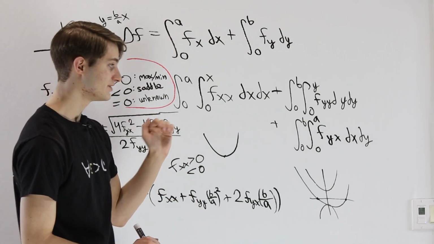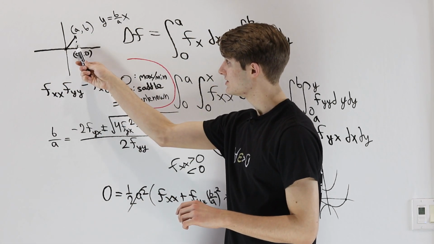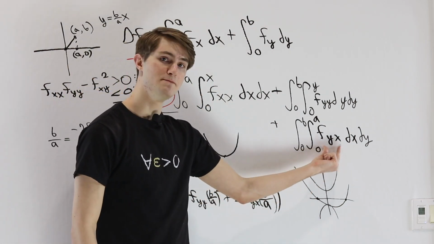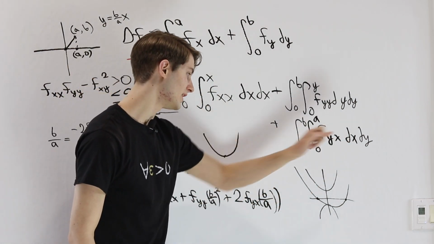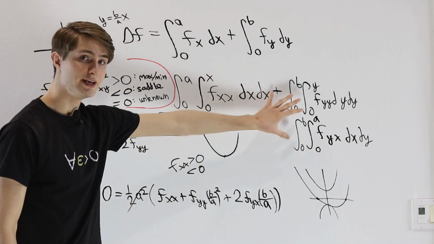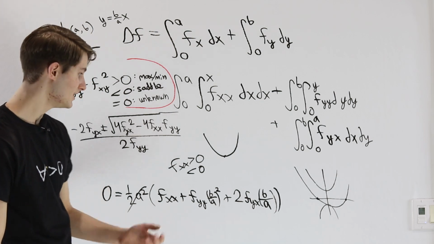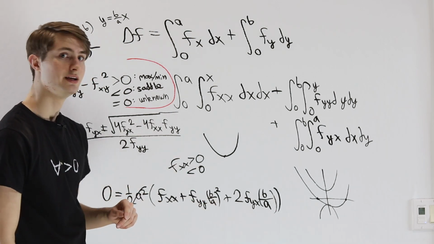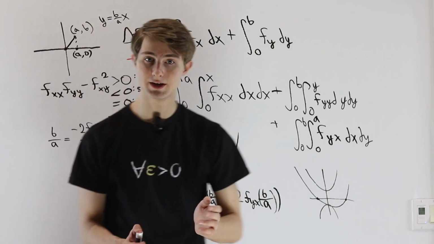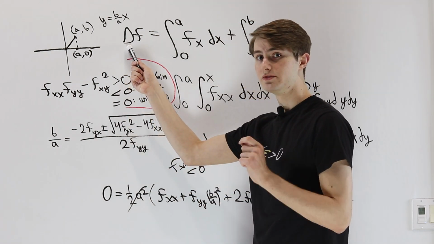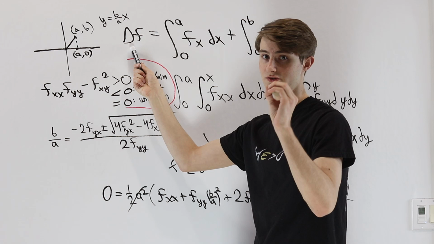Remembering that for that second path, because x is not equal to 0, we also have to take into account that mixed partial derivative f sub yx. When we do out that integral, we get this final expression down here, which is a quadratic in terms of b over a. And therefore, we use the quadratic formula to find the roots of places where the change in function value is equal to 0.